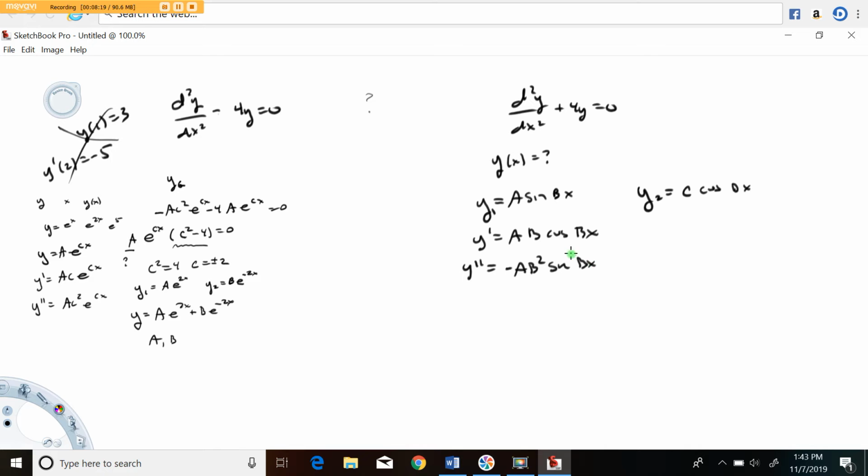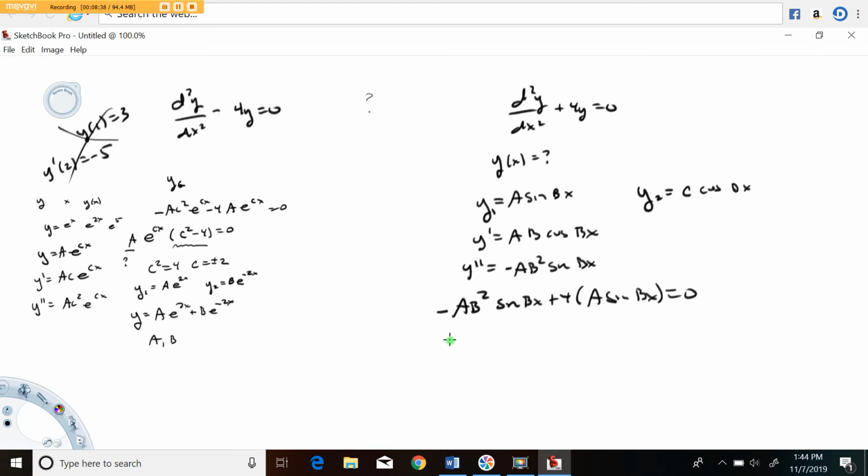And now what we can do is take this and sub it into our original equation, minus a b squared sine of bx plus 4 times y, which we believe looks like a sine of bx, equals 0.